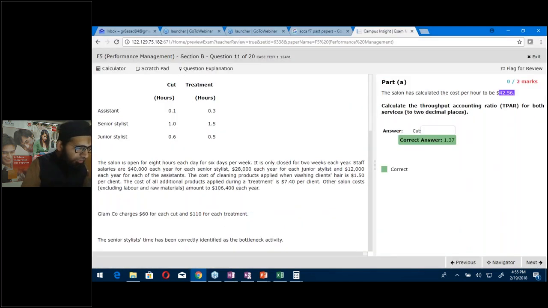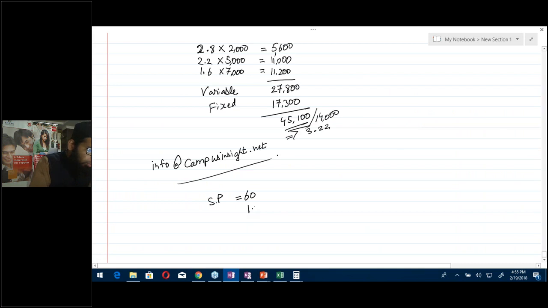And the material cost is how much? It is 1.5. That means the throughput per unit is 58.5.